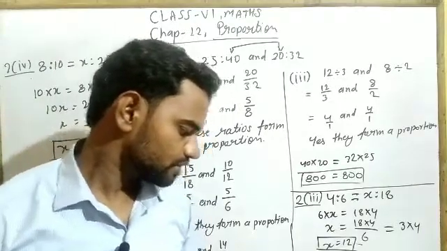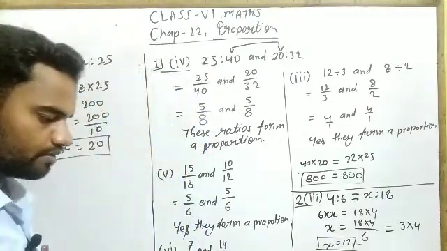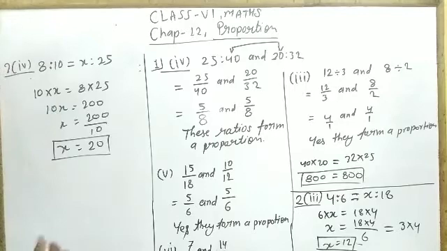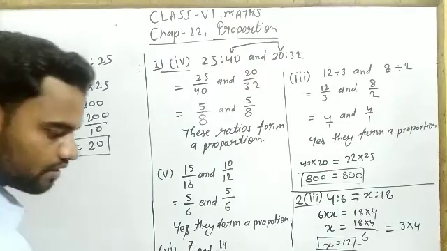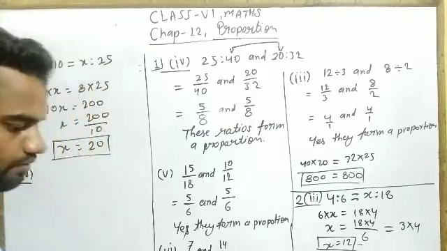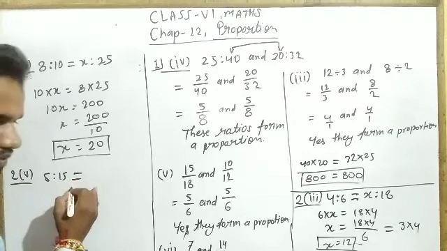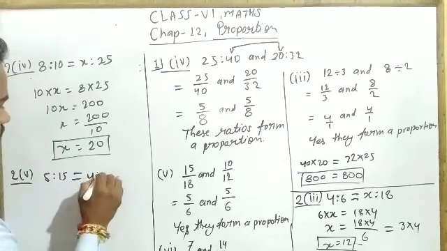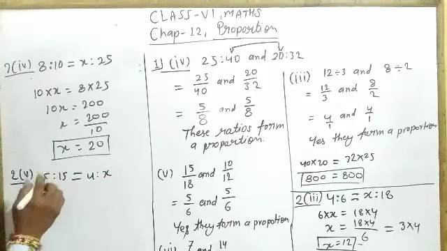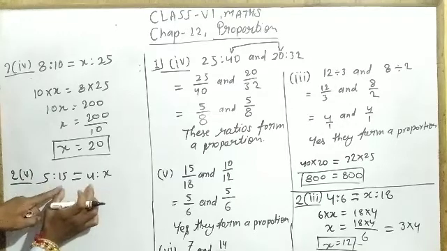Next part, question number 2, part 5th. That is 5:15 equal to 4:x. Now find the value of x. They are in the form of proportion.